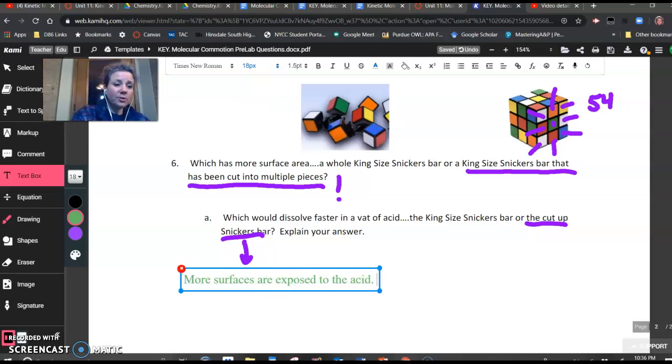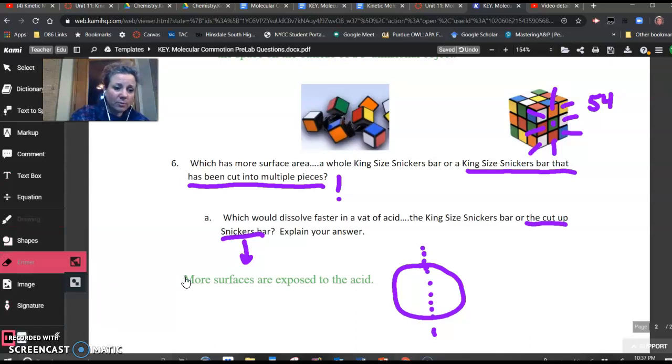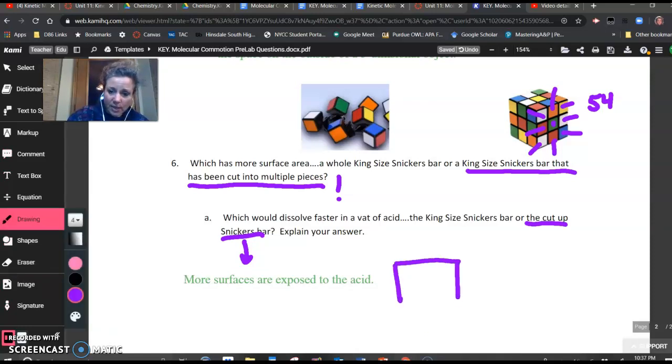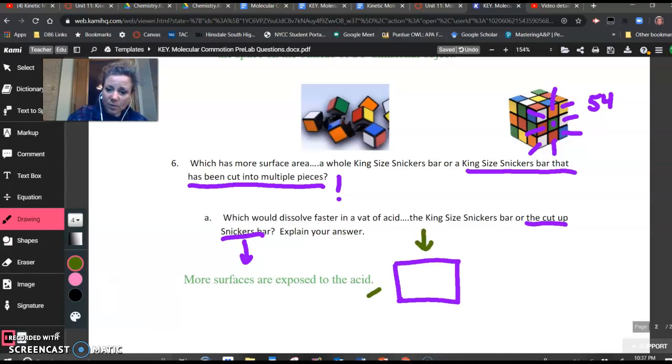And so if I were to draw a picture of this, here's a big chunk, but then let's say that we cut it now in half. On the big chunk, and I should probably make this more like a square, I think that would be better to actually show you. So here is our big chunk, and the number of surfaces that we have that are exposed to the acid: surface 1, 2, 3, 4. But by taking this chunk and cutting it in half straight down the middle, we have now changed it.